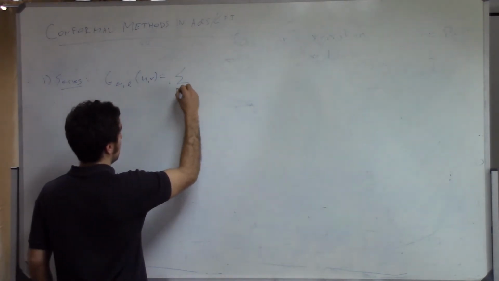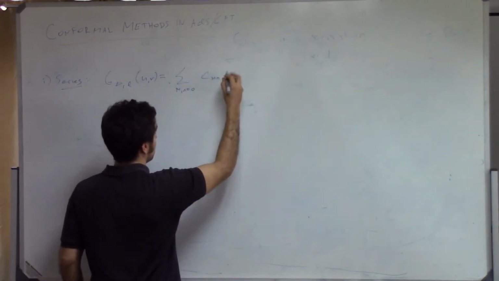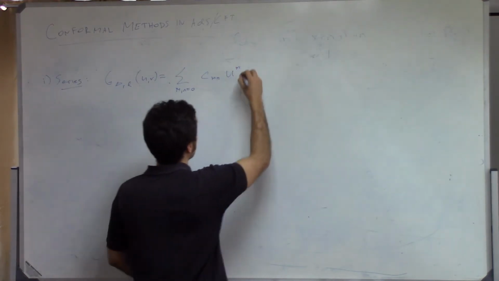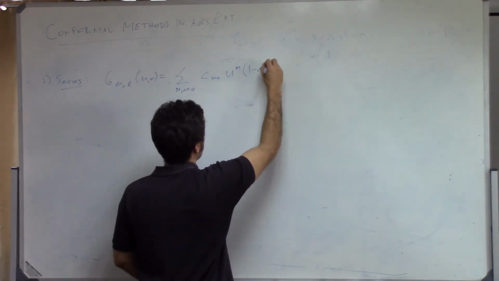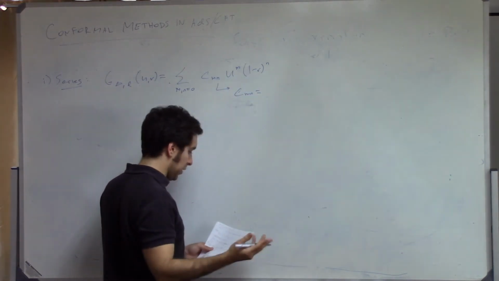So m and n run from 0 to infinity. Some constant C sub mn, U to the m, 1 minus V to the n. And these C mn's are equal to the following thing, to answer your question.